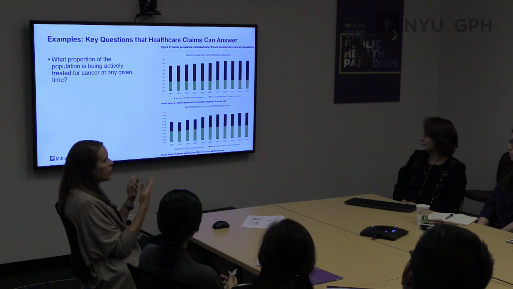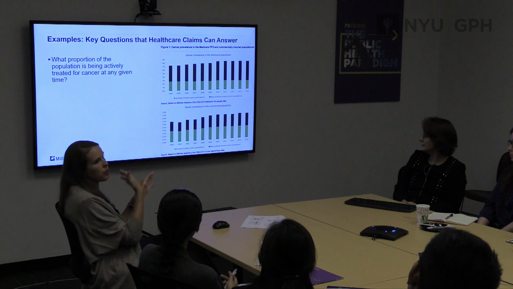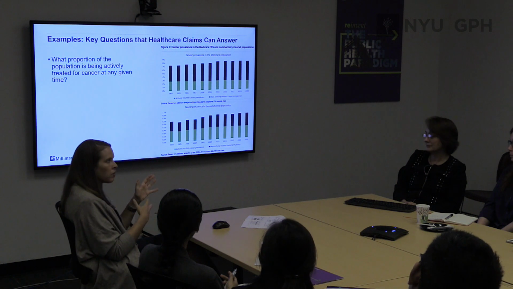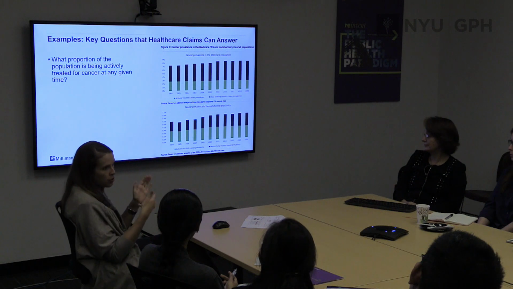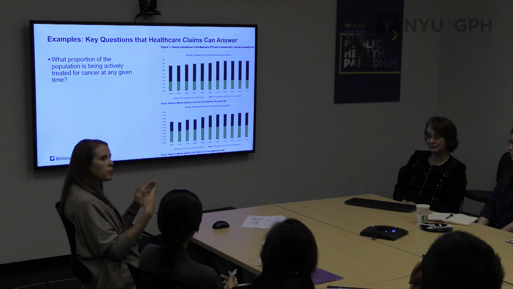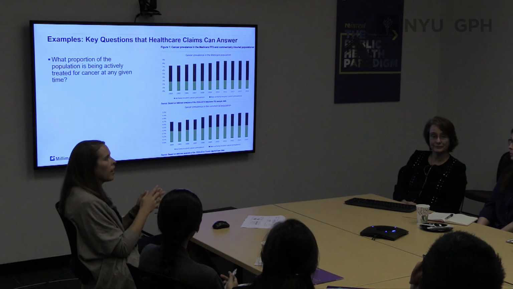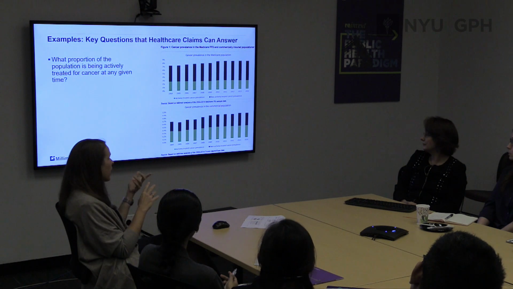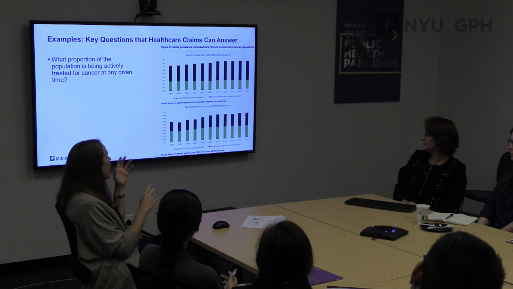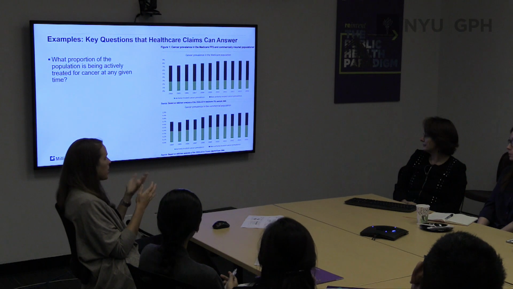And so we created a claims algorithm where we said, here are the procedures that we would count as treatment for cancer. So chemotherapies, radiation oncology, surgery if it had a primary diagnosis code of cancer. And we looked through the Medicare claims and found what percentage of the Medicare population has cancer that's being actively treated.